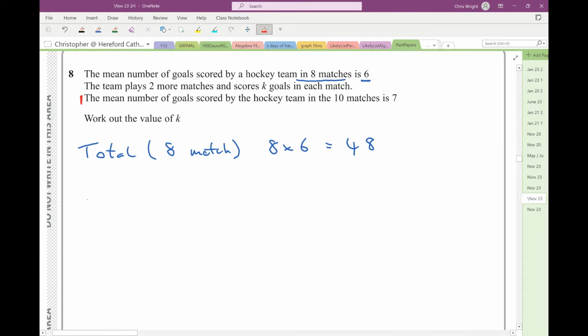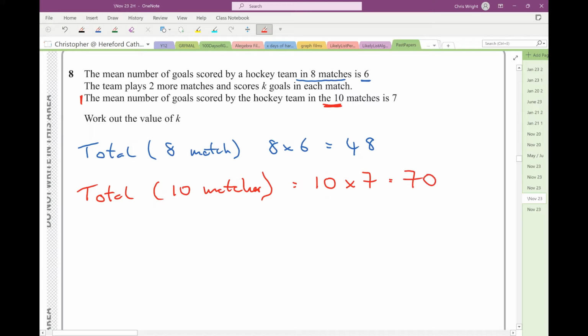Look at this. The total in those 10 matches. Well, I know there are 10 matches, and I know the mean number of goals scored by the hockey team in the 10 matches is 7. So the total is going to be 10 times 7, so that's 70.